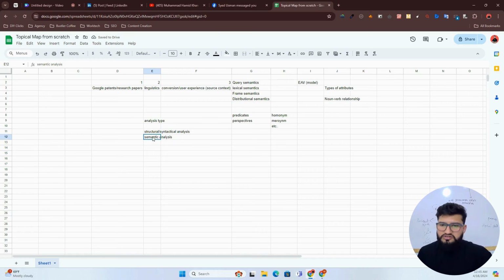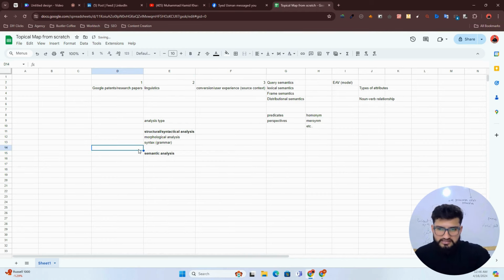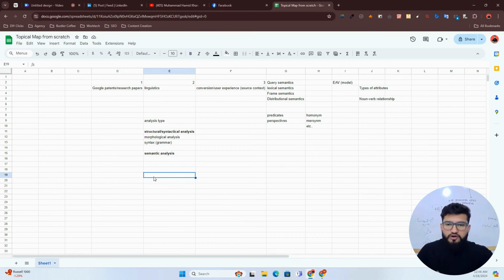In structural analysis, we have morphological analysis, which mainly deals with how words are formed, and also syntax, like grammar. In semantic analysis, we mainly analyze the meaning of the sentence, what the meaning actually is or what meaning comes from the sentence.